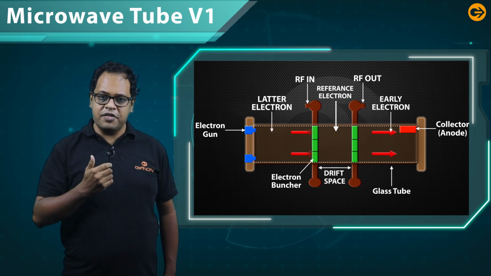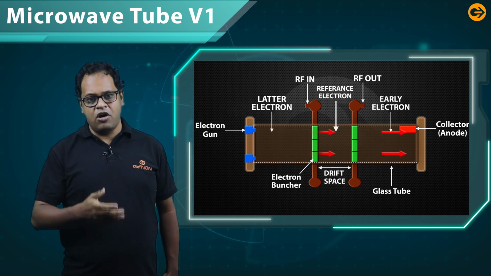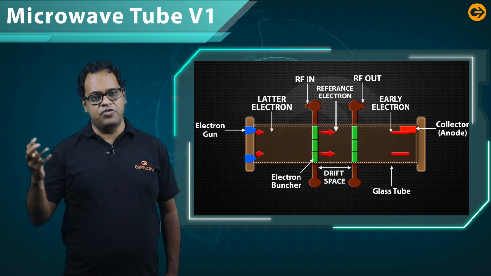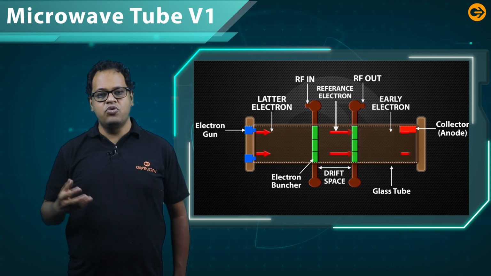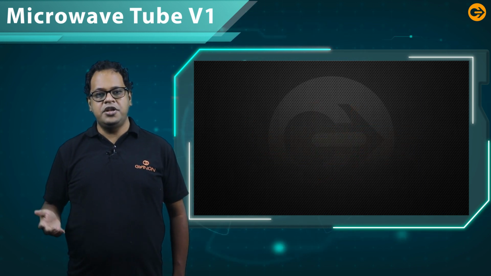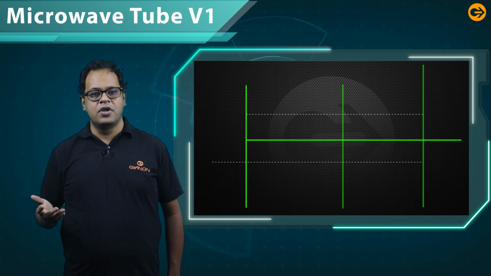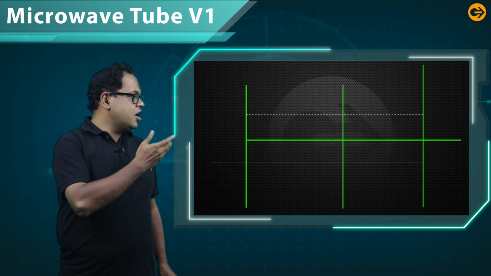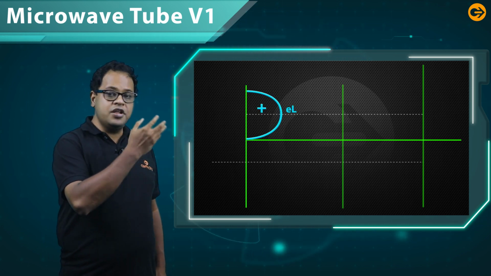Now let us discuss the bunching with respect to the graph of the two-cavity klystron tube. Let us discuss the graphical structure of this two-cavity klystron. It is the Applegate diagram of the two-cavity klystron. Here, when the electron E_L comes into the picture, the velocity is high.